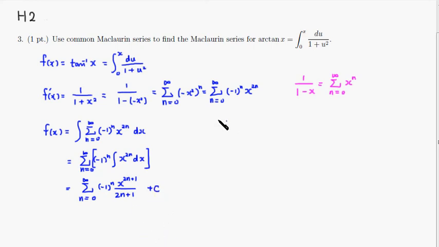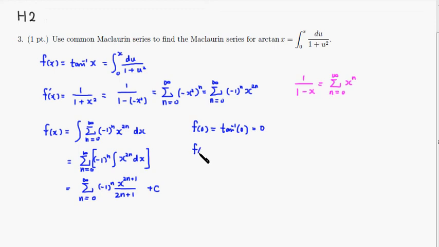But we know that f of 0, if you plug in 0, is arctangent of 0, which is of course 0. From here we can figure out what this constant is.